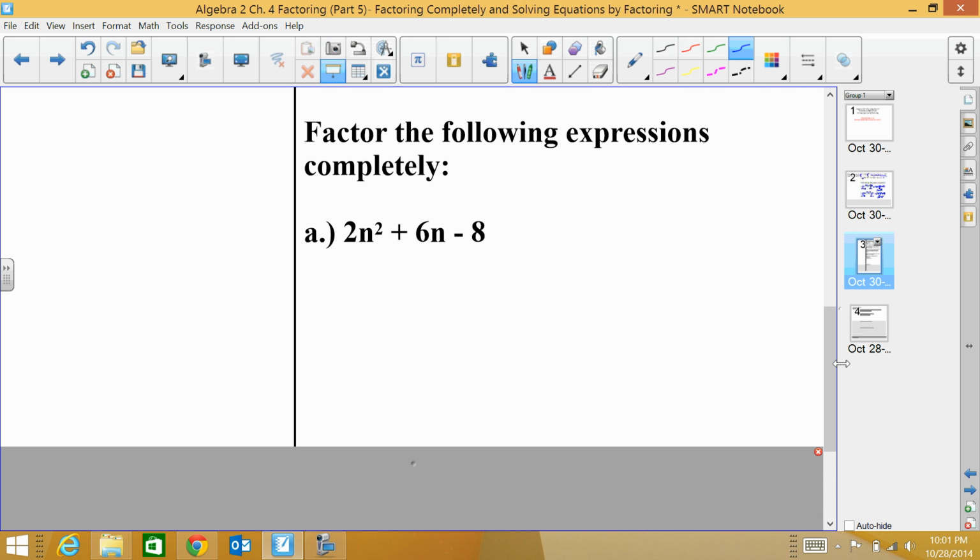So I have 2n squared plus 6n minus 8. So step 1 was check for a greatest common factor. So if we look, what would be the greatest common factor of these three terms? Well, I could divide all of these numbers by 2. And so I'm going to take out a 2, and then what would be left would be n squared plus 3n minus 4.